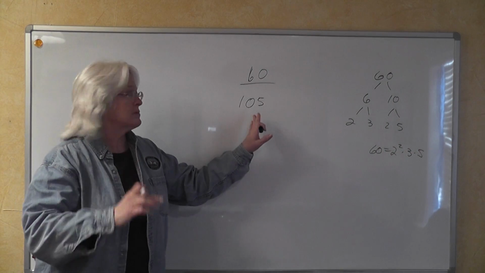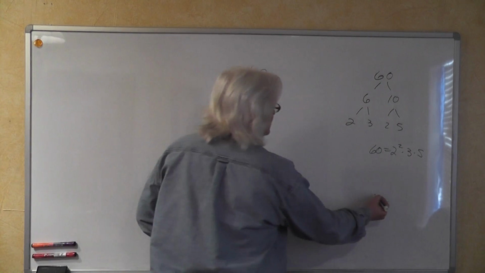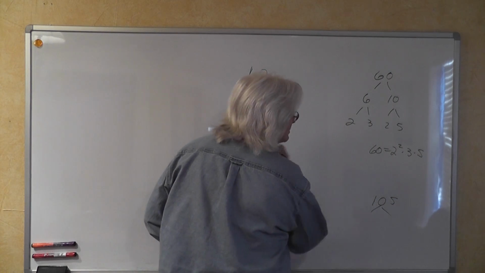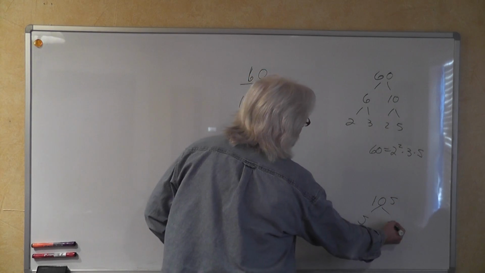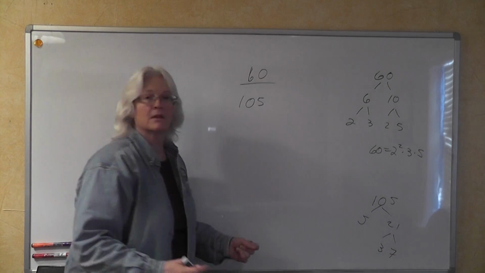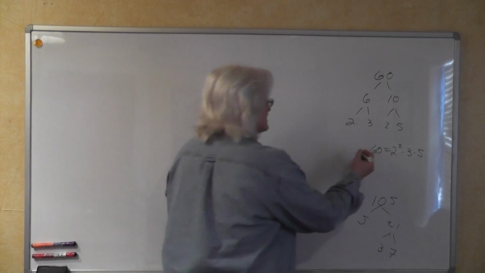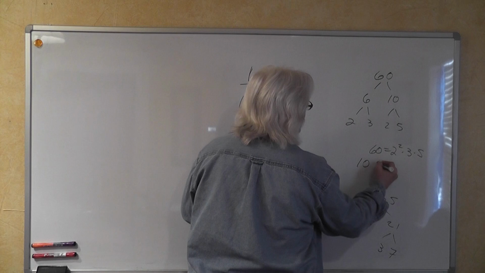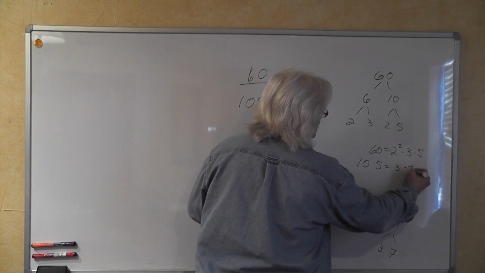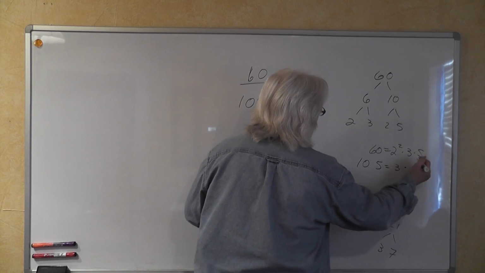And then we would also want to prime factor 105. 105 is 5 times 21, and 21 is 3 times 7. So writing 105 as a product of primes is 3 times 5 times 7.